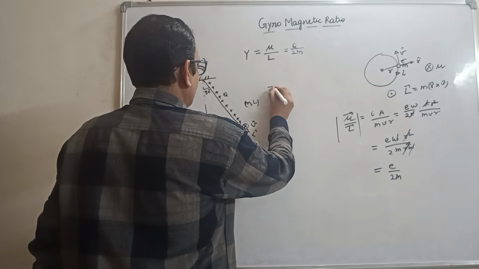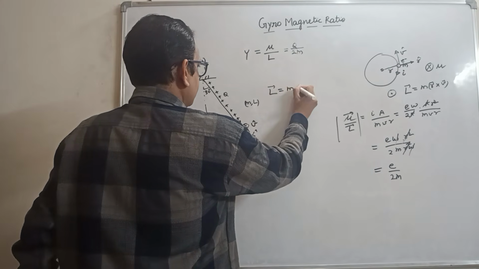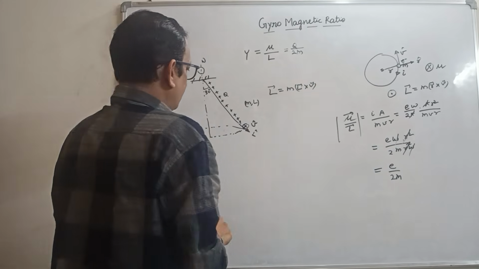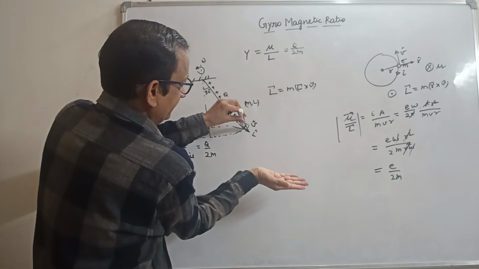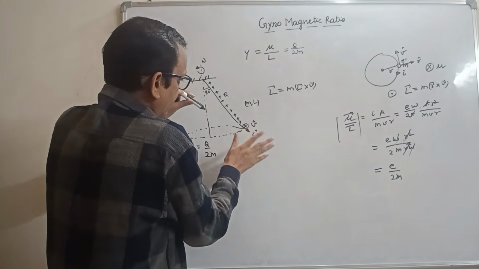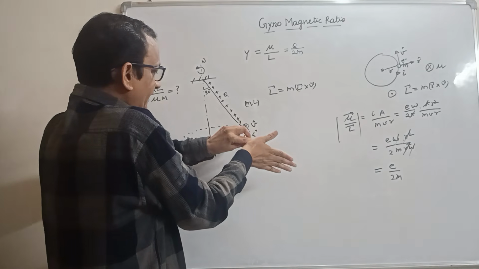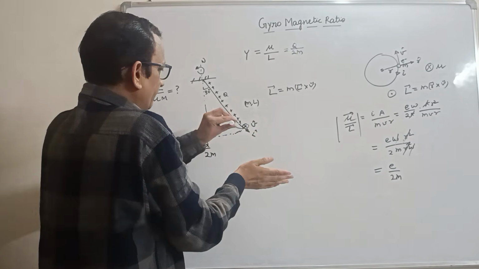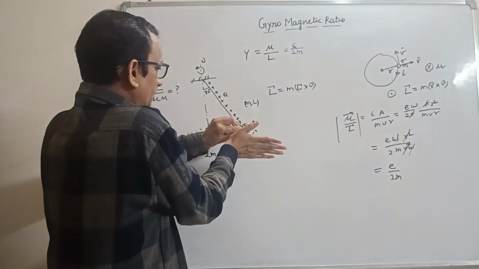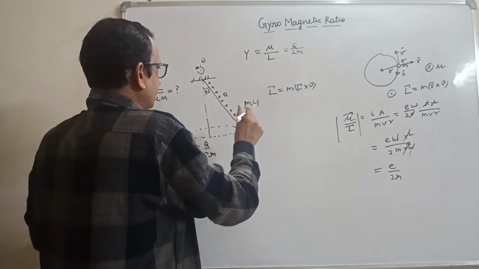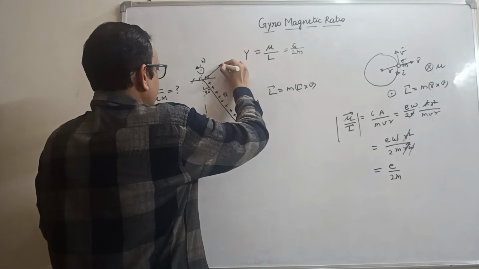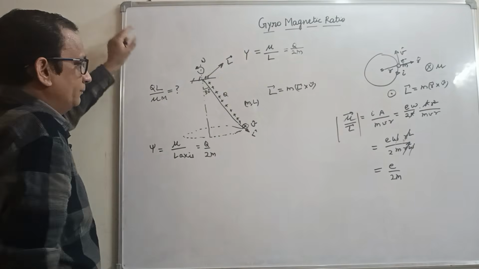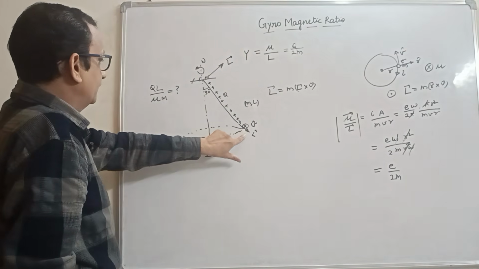So the direction of the angular momentum would be m L vector cross V vector. The L vector is in this direction and the V vector is perpendicular to this. So the thumb gives the direction of the angular momentum, which would be perpendicular to both.